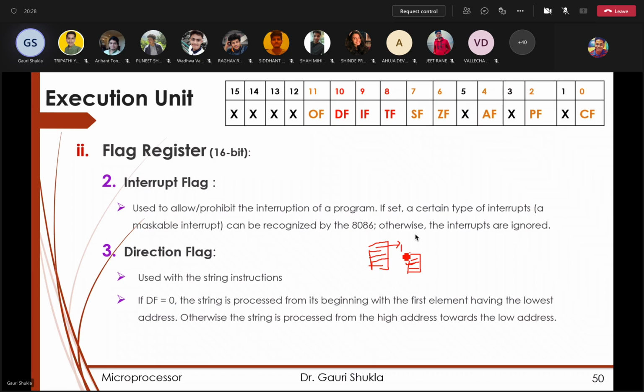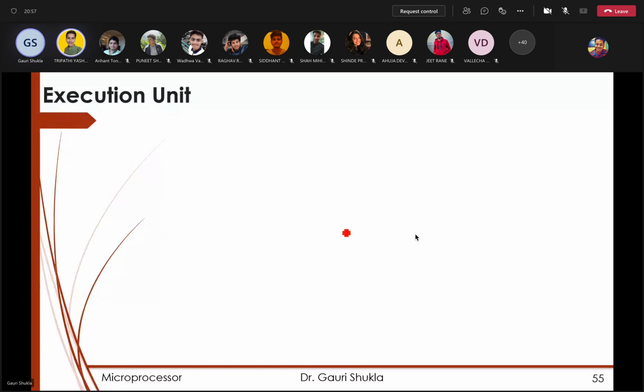But if my DF is 1, it will start from the element having the highest address, depending upon your end. So not from the first element, but from the last element. Is that clear? Perfect. So there is no doubt now with the flag register. Is this part clear to everyone? What difference will that make?